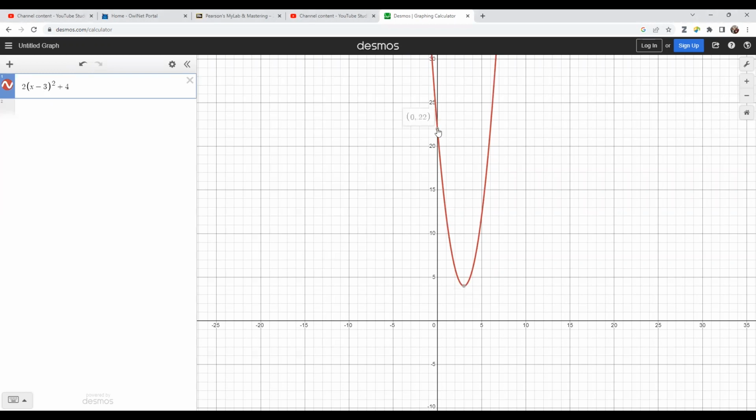And you'll see that we touch the y-axis at (0, 22). That's our y-intercept. You also notice this thing opens up, or concave up, and therefore our vertex is the minimum. And then lastly, we do not touch the x-axis, and that's why we have 2 complex roots.